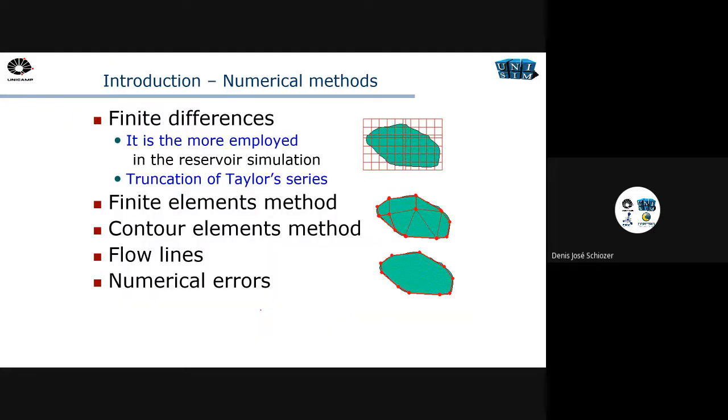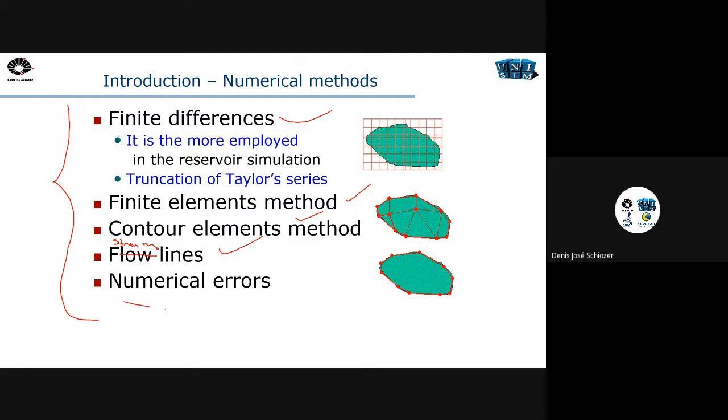Once we do that, we're going to select the way we're going to use the numerical models. We are not going into this aspect here in this course. There are several ways to do it: finite difference, finite elements methods, boundary elements methods, and other numerical methods like streamlines, which we use here more.